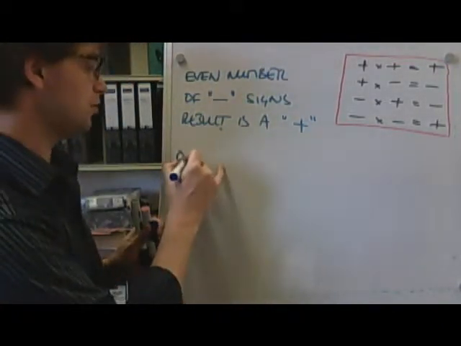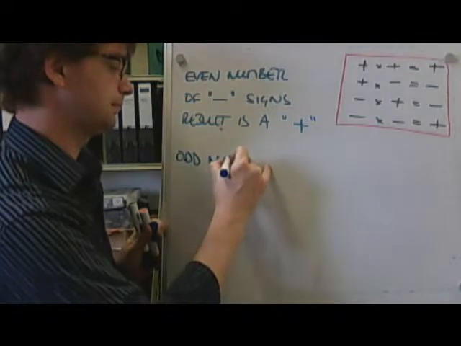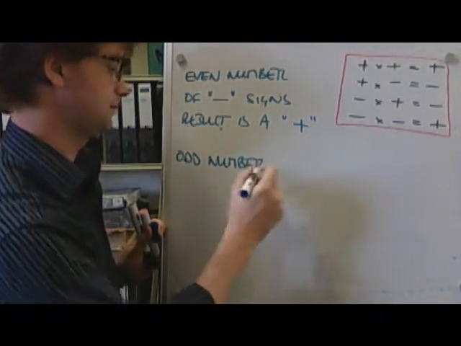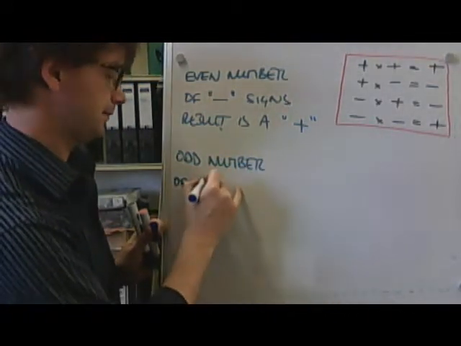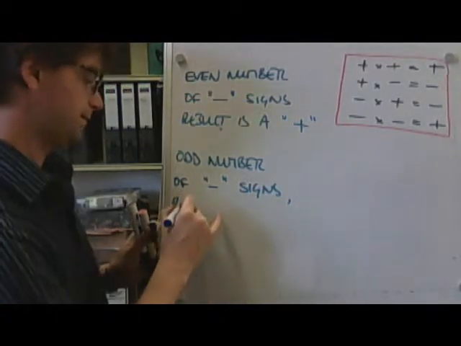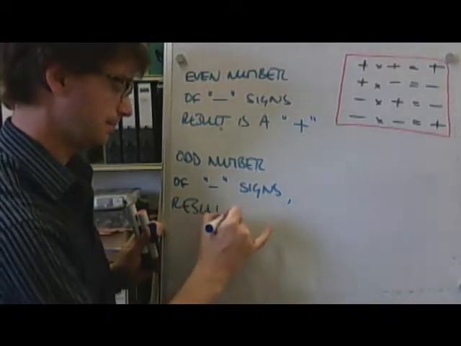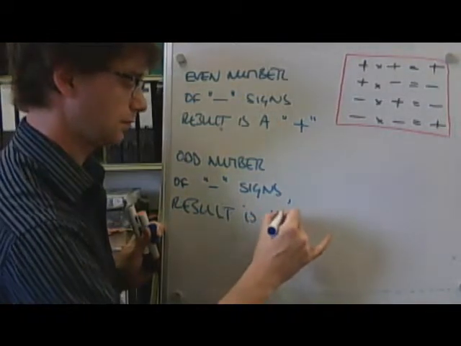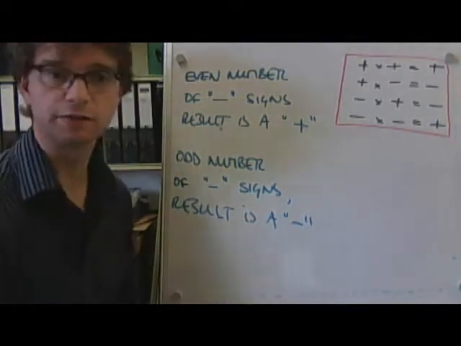If you've got an odd number of minus signs, the result is a minus.